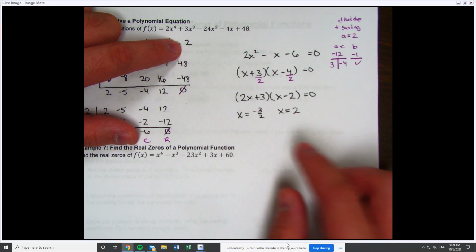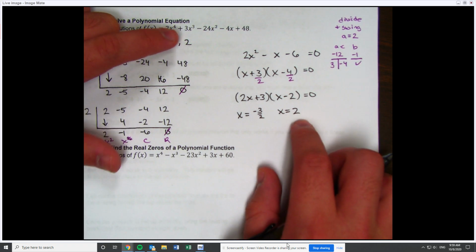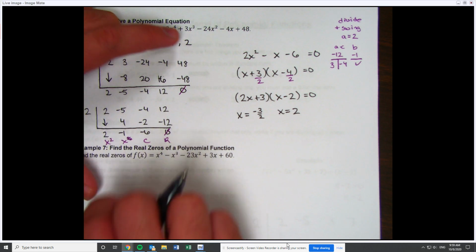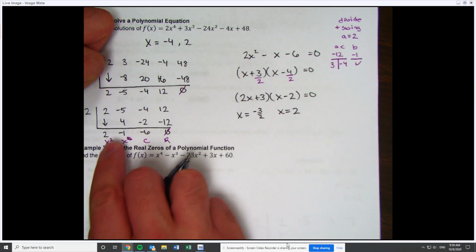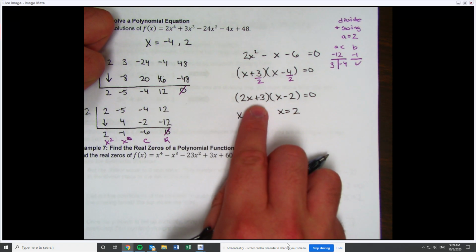What this means is x equals 2 has multiplicity 2. That should make sense because if you have an even multiplicity, you touch, you bounce. So really, I could have done synthetic division twice using 2. I could have done it on this one using 2 again and wind up with just this last linear term.